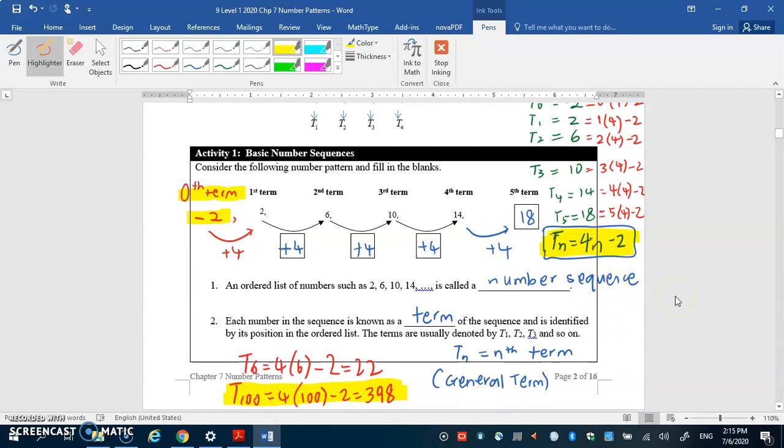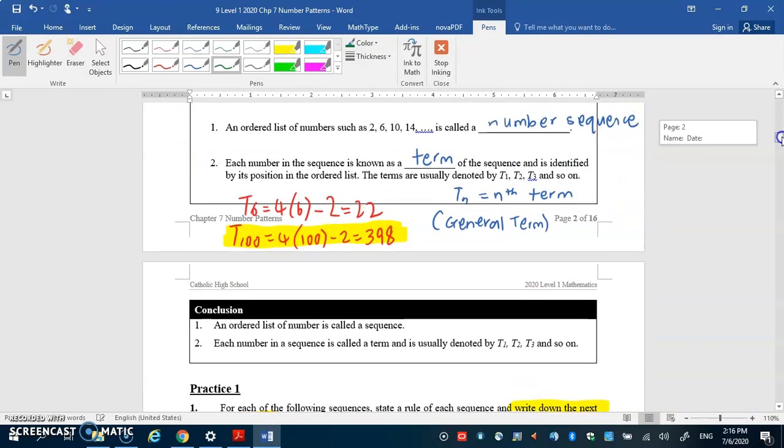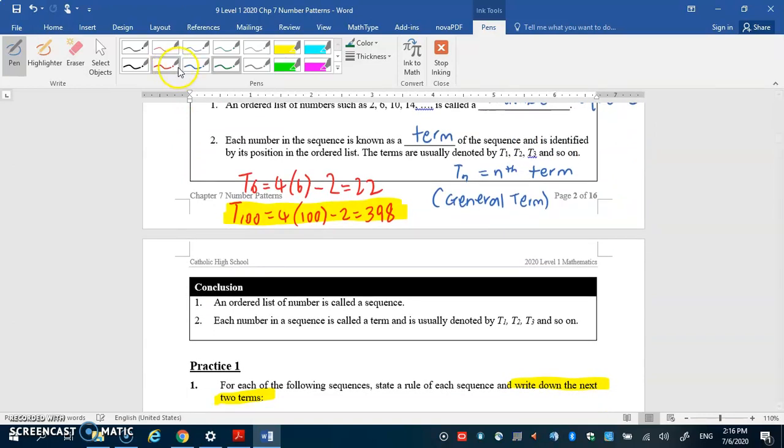So in general, the general term, let me just write for you. I need some space. I'm going to write it in the conclusion.